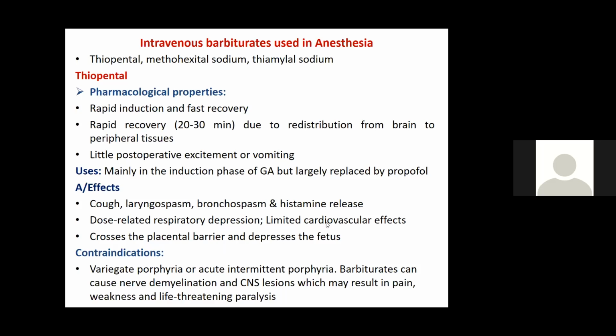Although there are limited cardiovascular effects, depending on how much histamine is released, it may lower the blood pressure. Then, of course, as we discussed earlier, barbiturates are a concern for patients who have a predisposition to porphyria. So that's a major issue.